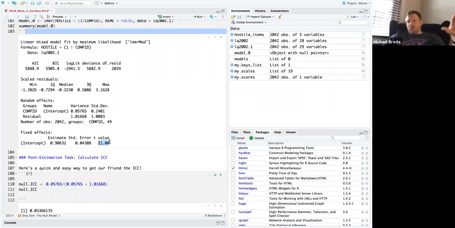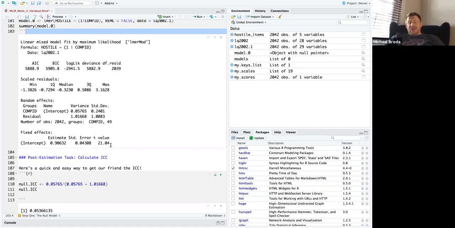Otherwise, it's going to be borderline or non-significant. I believe the 0.01 cutoff is somewhere around 3, maybe 2.7, and the cutoff for 0.001 is maybe 3.5 or something like that. I might be way off on that, so I'll have to double check it.